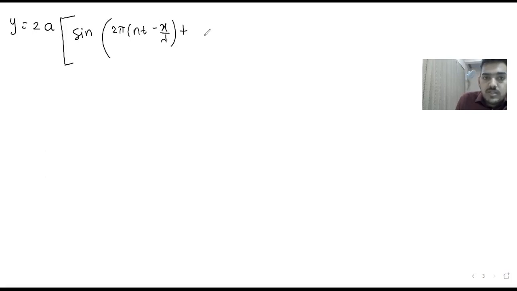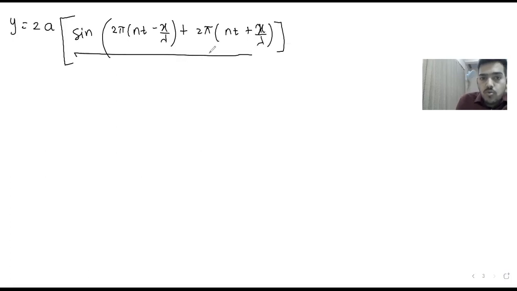What will I get, students? y = 2a sin((c + d)/2) cos((c − d)/2), where c is 2π(nt − x/λ) and d is 2π(nt + x/λ). So this is the value of (c + d) whole upon 2, into cos of (c − d) upon 2.